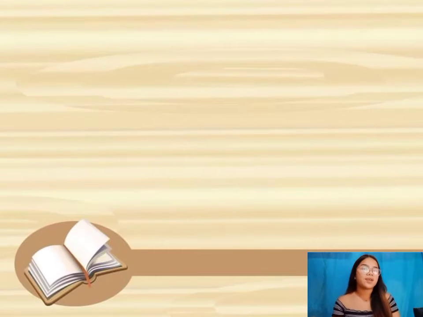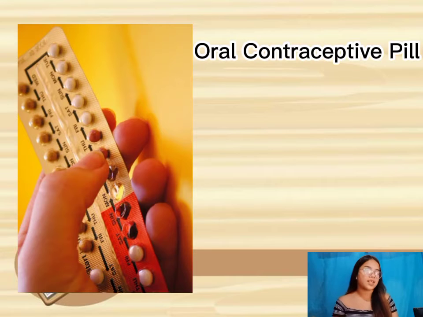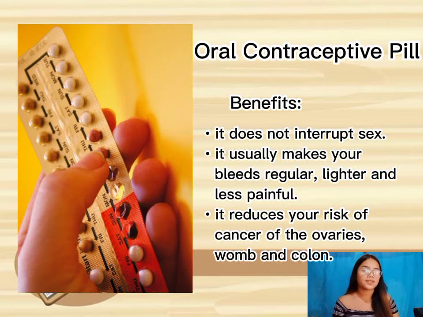The second type is the oral contraceptive pill. The benefits of it are: first, it does not interrupt sex. Second, it usually makes your bleeds regular, lighter, and less painful.